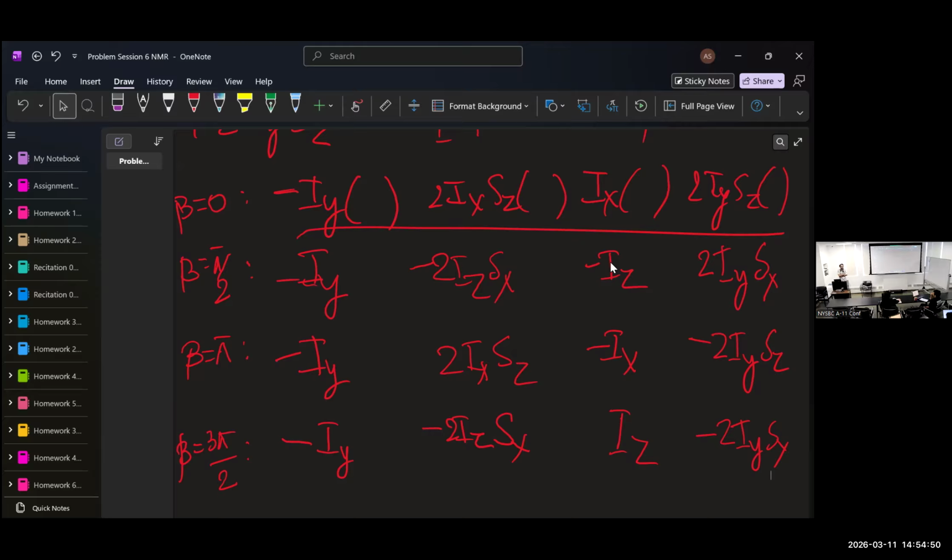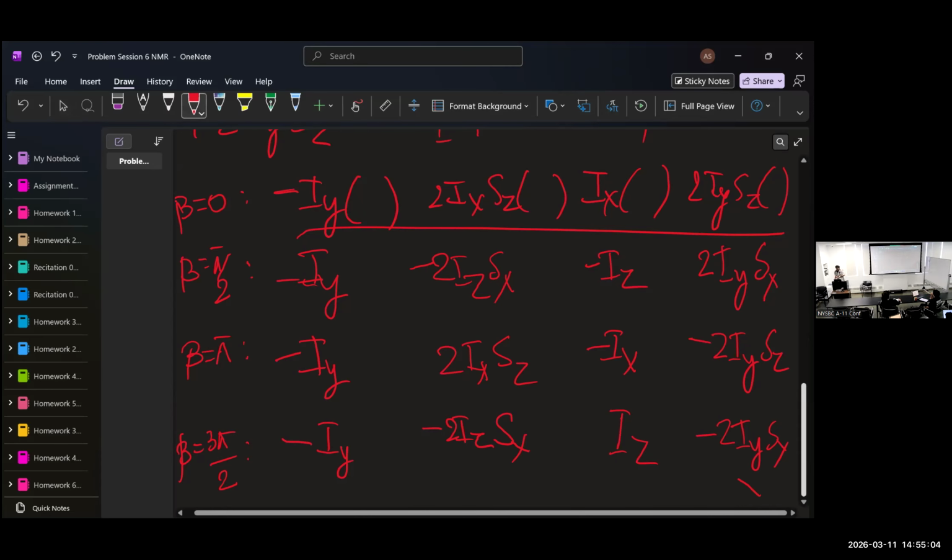Out of these 4, one is obviously irrelevant at the start of acquisition because it contributes no detectable signal. This one, no detectable signal.